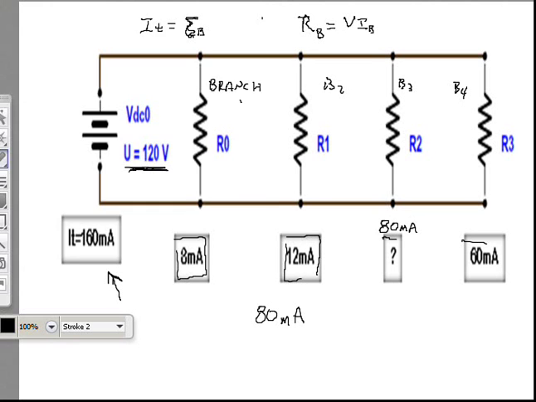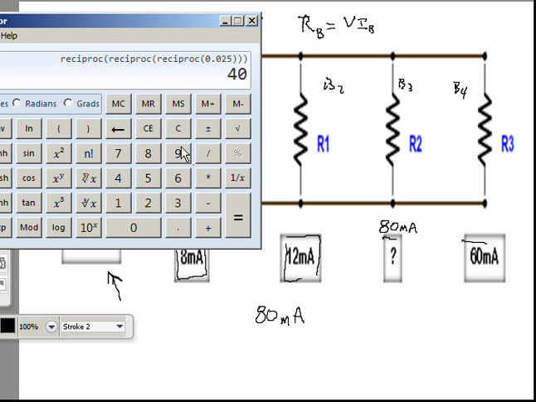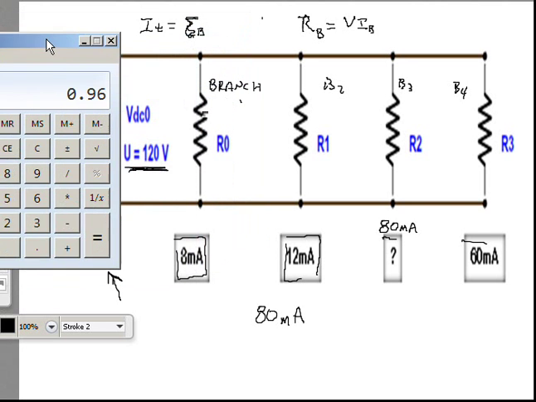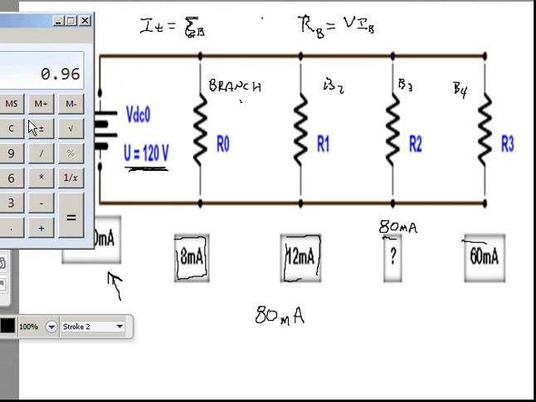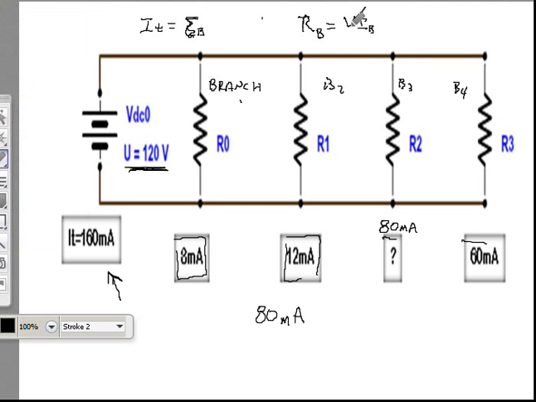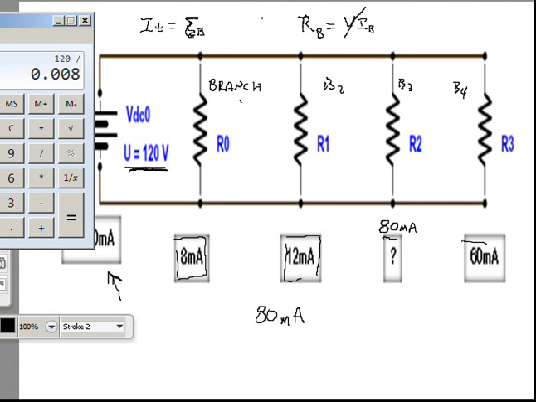So 120 volts divided by 8 milliamps, 0.008, that's volts over branch current, stupid me, equals 15 kiloohms.